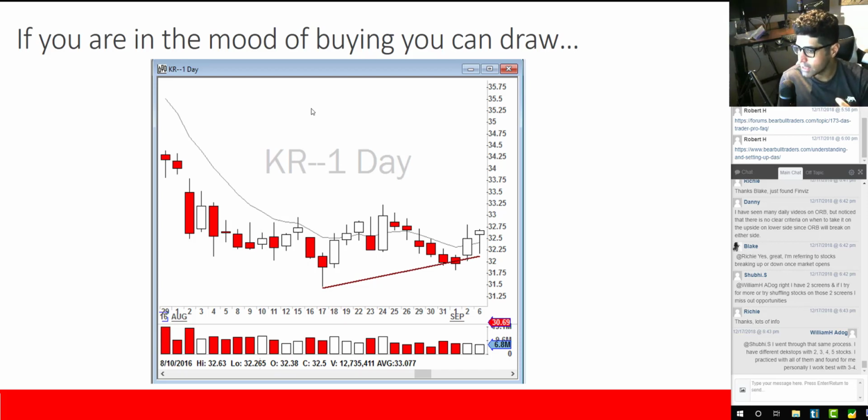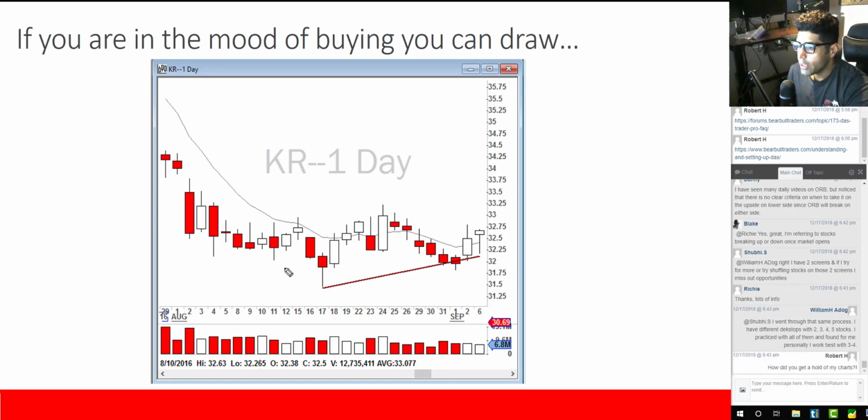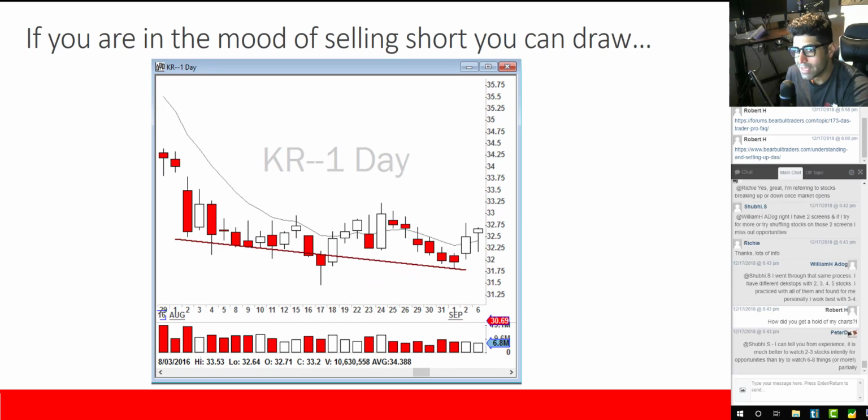They are really self-deceptive. If you look at the same chart and you're in a mood to buy, you want to go long. If you have a bias based on the news, the market or price action, you can just draw a line and say, the market is in an uptrend, let's go long. Someone else is in a mood of selling short, looks at the same chart, draws trend lines and says this is a downtrend, let's go short.